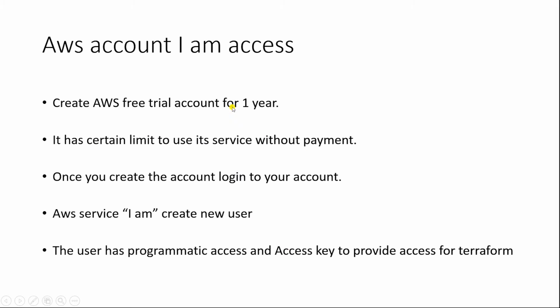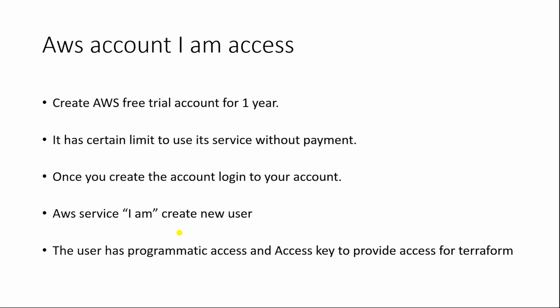After that, AWS account. I'm assuming that everybody has a free AWS account. AWS provides a 1 year free trial for particular services based on a limit. So we can open it. From there, I'm creating an IAM user to create authentication access for Terraform to create services in the AWS provider.